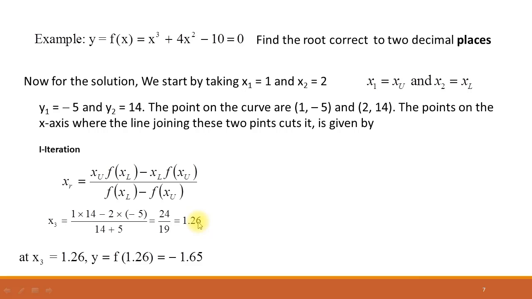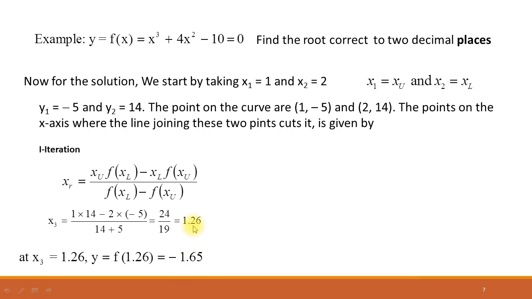By using the false position method, the third root for this non-linear equation is 1.26. Now for the fourth root, first of all put this third root into the given equation. Putting the third root x3, 1.26, in the given equation, we get minus 1.65.